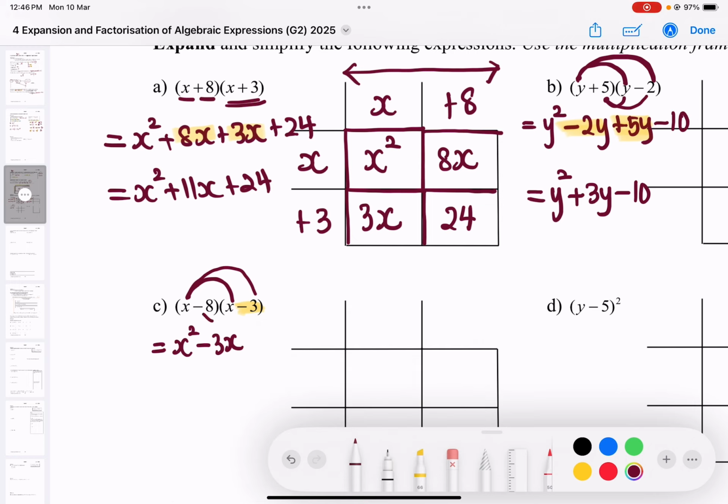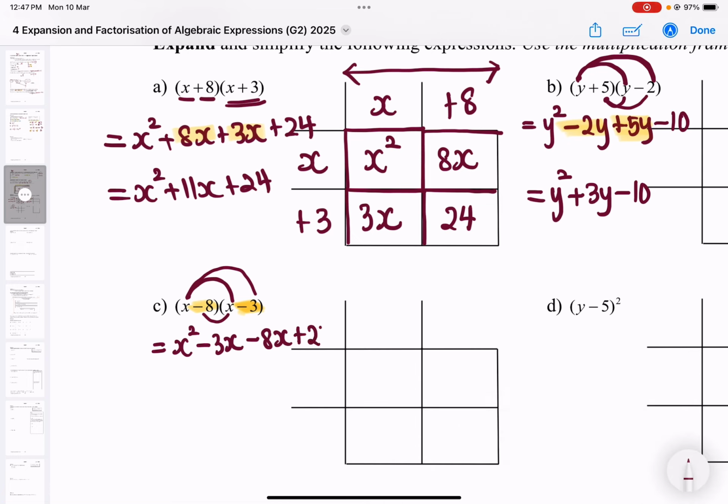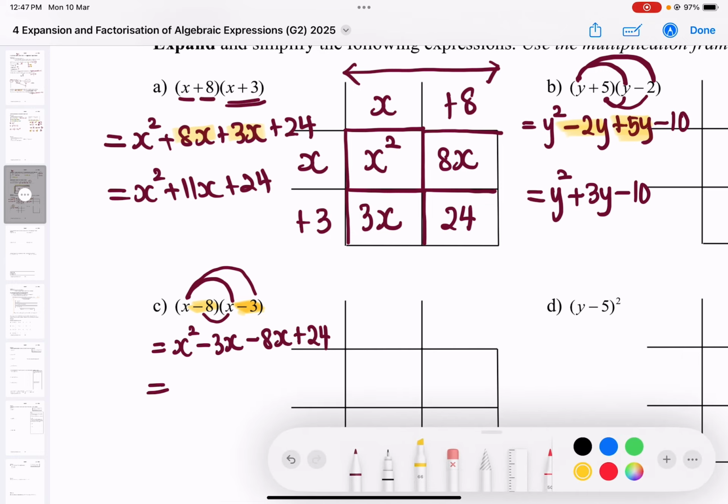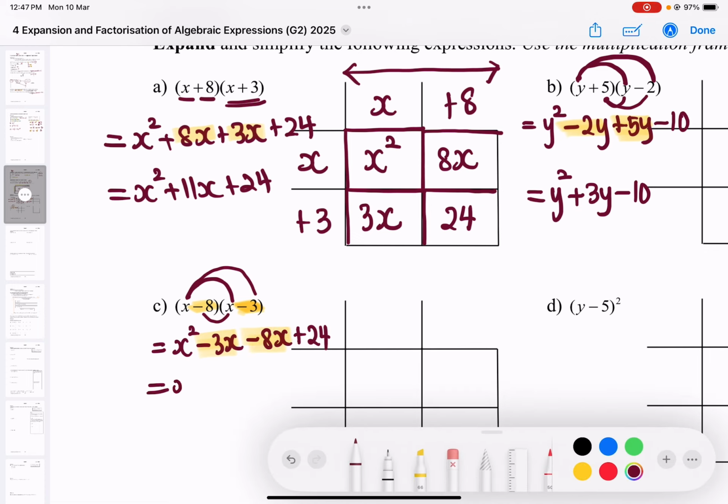Next, negative 8 times x. And then lastly, negative 8 times negative 3. Negative times negative will give us positive 24. Then we can continue adding together the like terms, negative 3x minus 8x. So that will give us negative 11x.